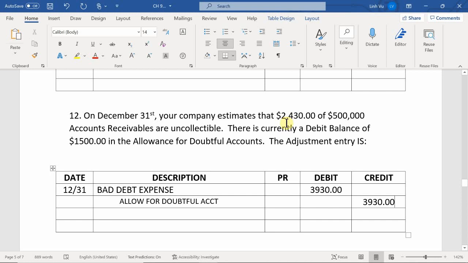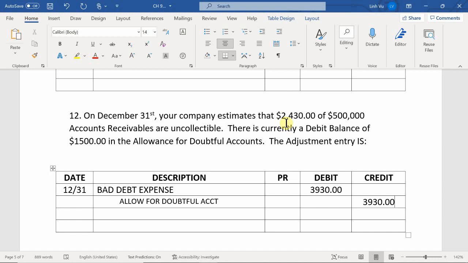It's a contra account. A contra account is the opposite in direction. If the allowance for doubtful accounts is a contra account to accounts receivable, what should the balance be? It should be a credit balance.